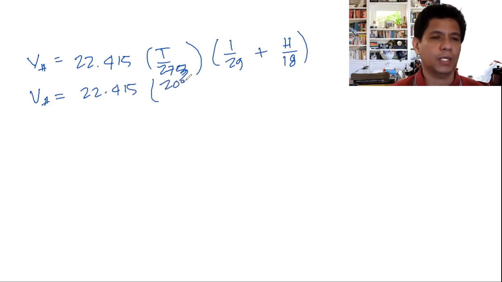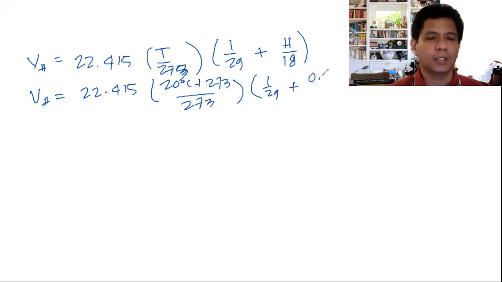So 20 degrees Celsius plus 273 divided by 273. Tapos 1 over 29. Ang humidity natin sa air ay 0.0065 divided by 18. Ang tinatanong kasi yung cubic meter per second na pumapasok sa preheater.